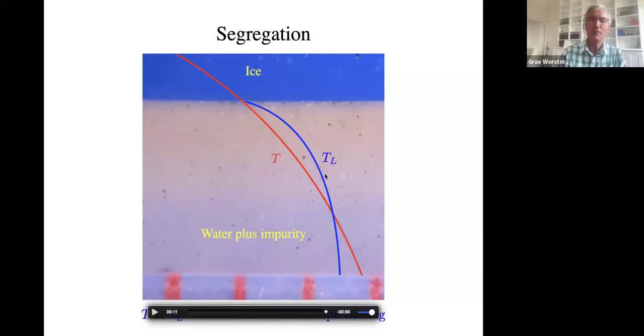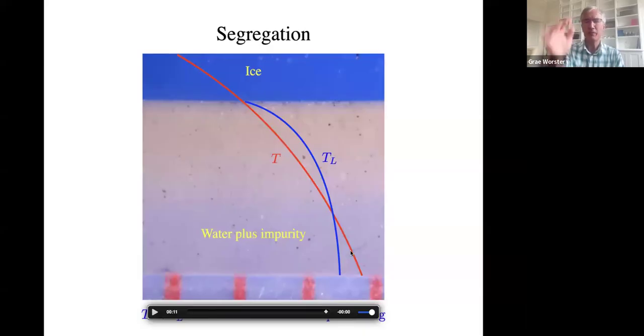So what I've plotted schematically here in blue is the local freezing temperature, which is varying with salinity. And it's saltiest at the top, which means the freezing temperature is the lowest at the top. And then as we come down and become relatively fresh, the freezing temperature increases, and it follows this blue curve.